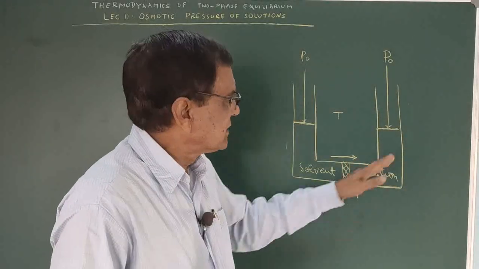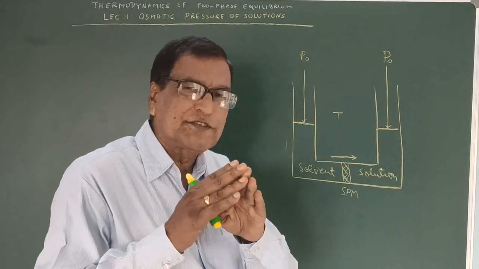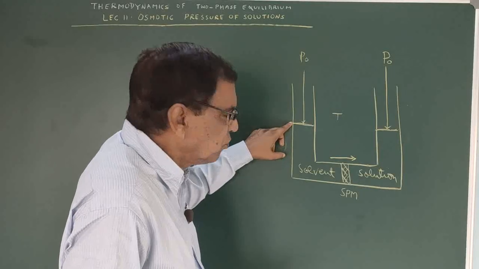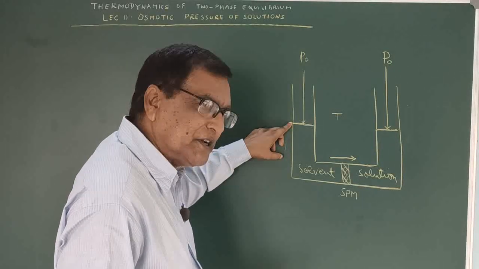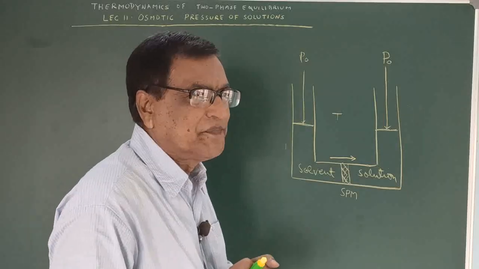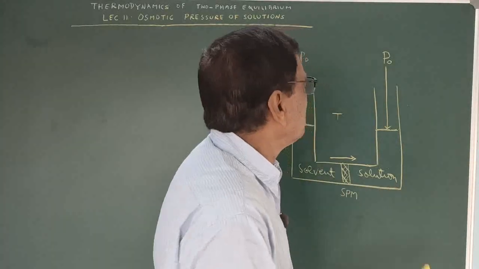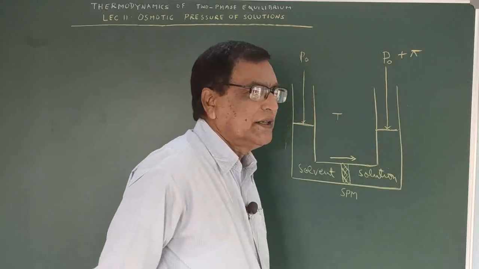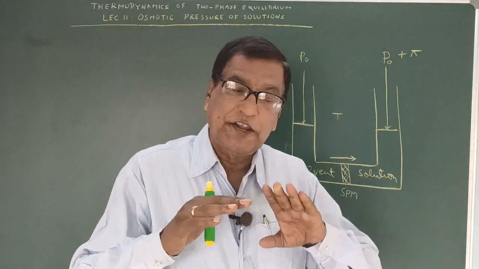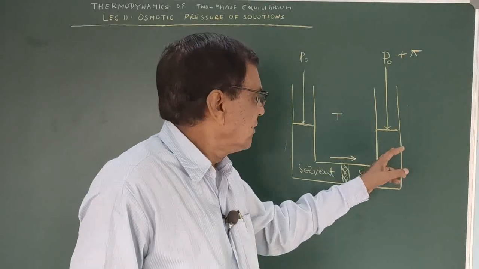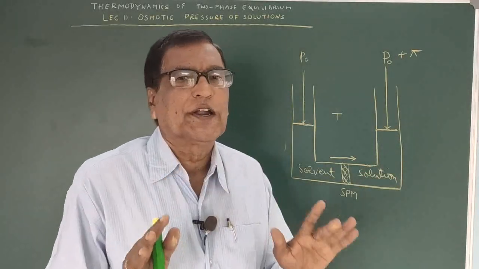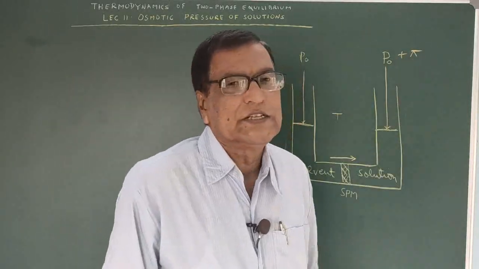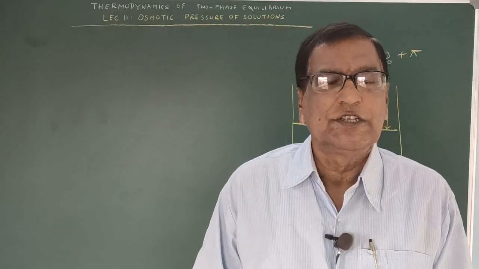And whenever the excess pressure becomes such that the solvent does not move at all and the level remains fixed at this position, suppose that pressure is pi. Pi is the excess or additional pressure applied on the solution side in order to check the osmosis, and this pi is called the osmotic pressure of the solution.